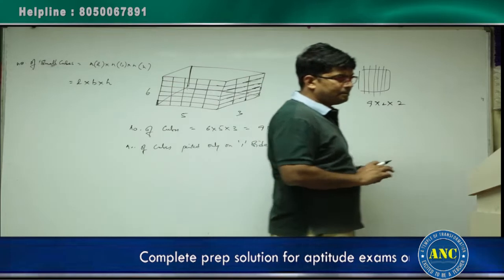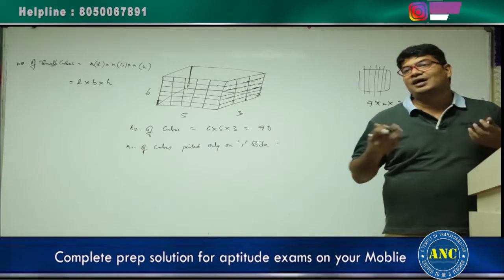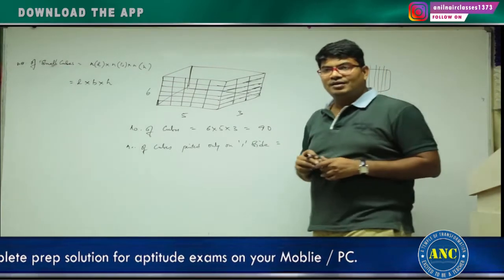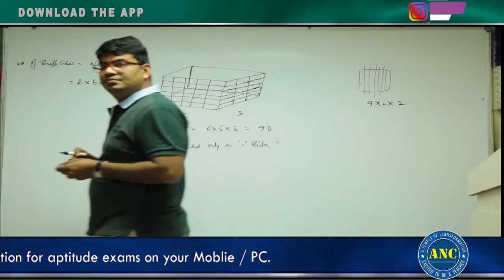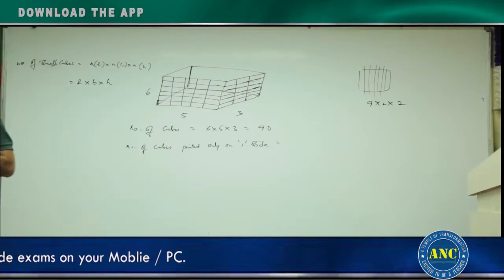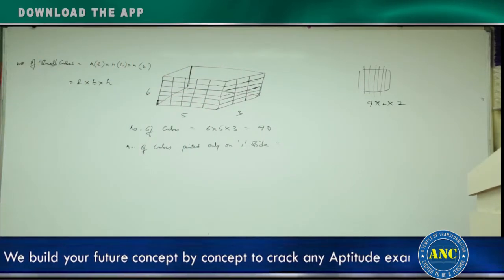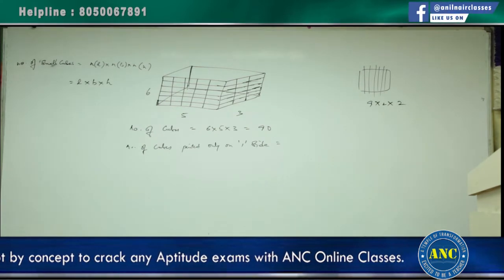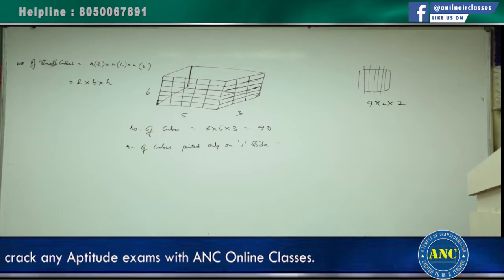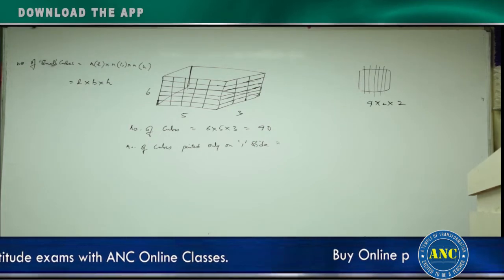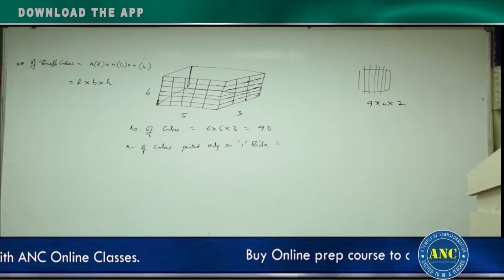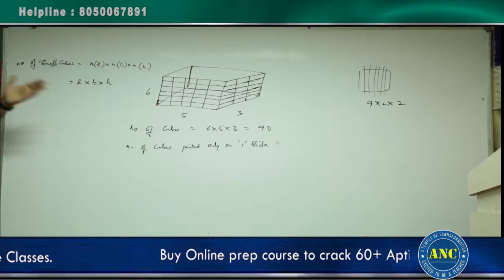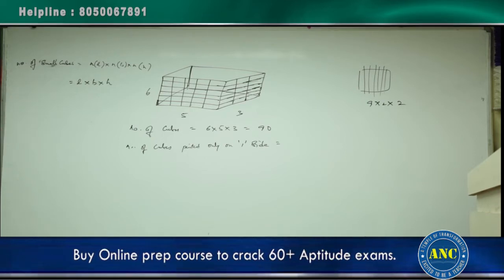It's a wrong answer. The logic is wrong. 30 into 6. How much? What's the logic? Only one side 57. Let me do the math mentally quickly and tell you the answer first.